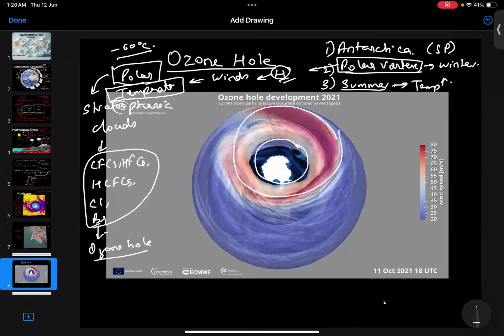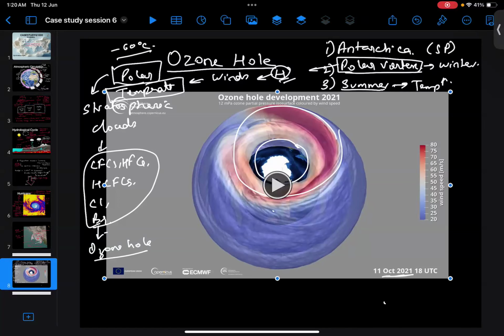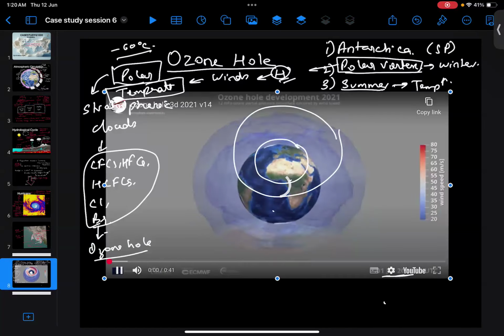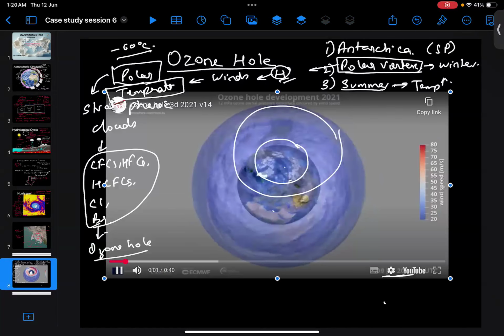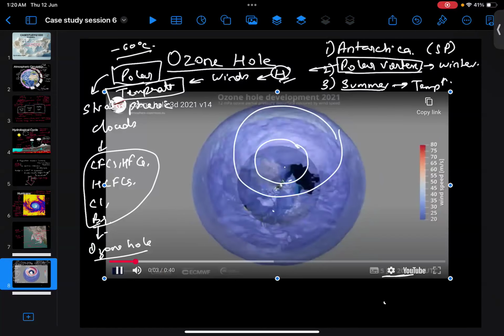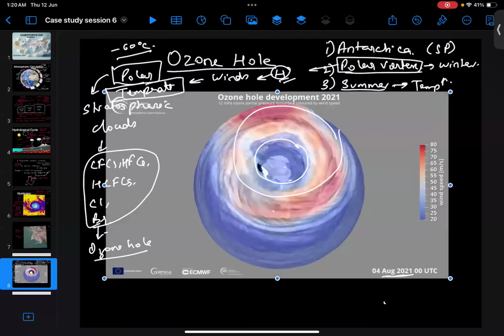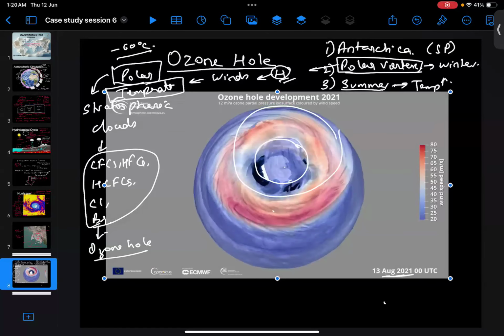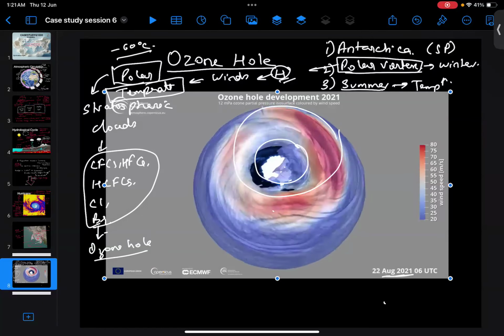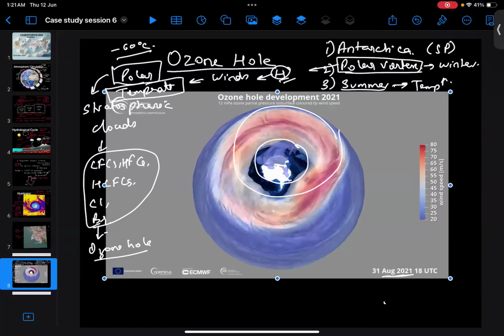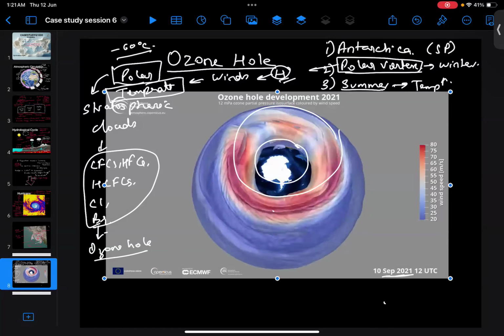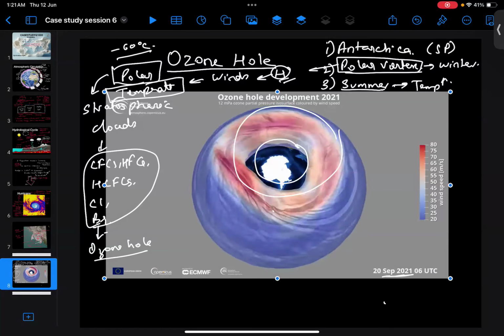So here we can see the dates. I'm playing it again. Here we can see this is starting from almost July, August. August it is winter. Now, as August is passing, September, the ozone hole is getting intensified.